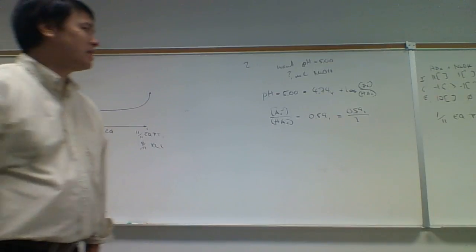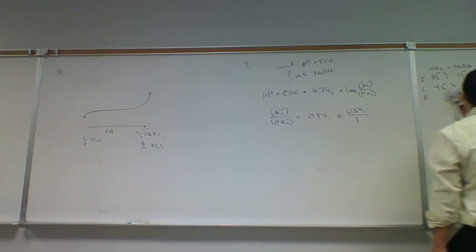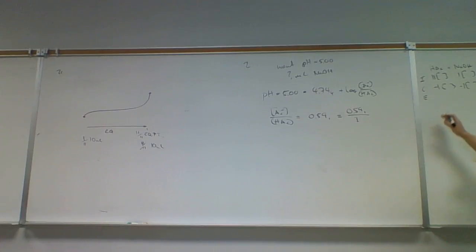I could set up an ice table like this if I wanted to, but I don't want to, because I can do it much faster in my head. But what I need here is a ratio of 0.591 parts of base to every 1 part of acid. This is the ratio that has to be at the end of step 1. What was the ratio at the beginning?